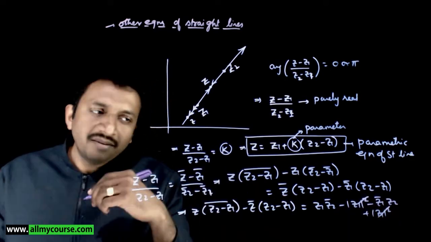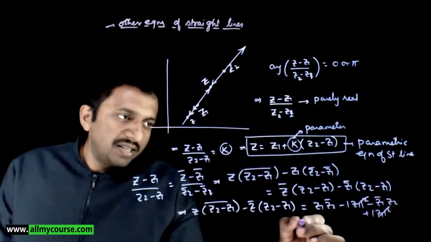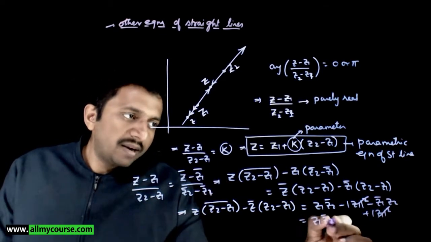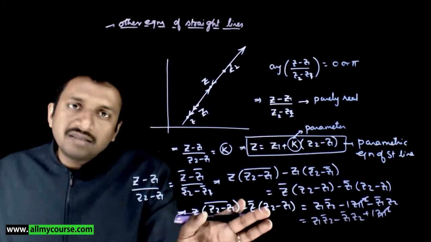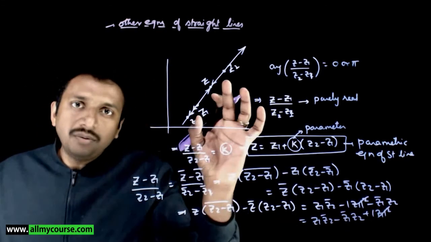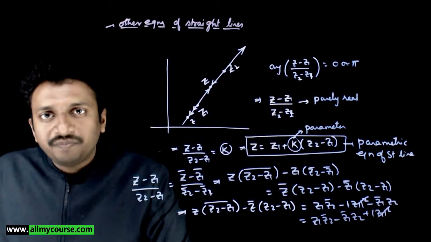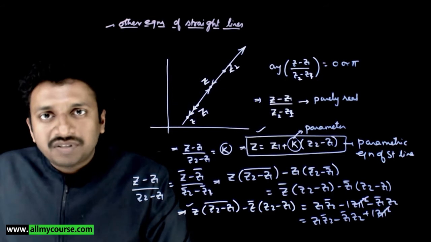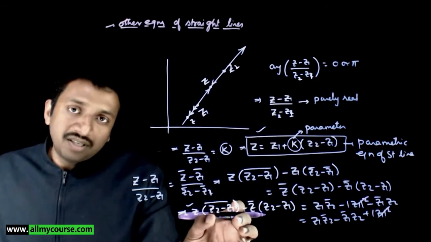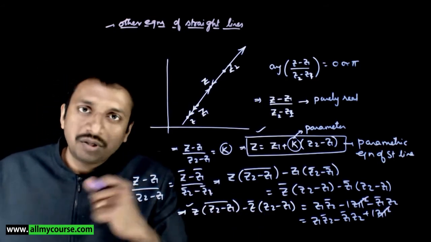These two are getting cancelled. So that is equal to z1 z2 bar minus z1 bar z2. So this is the equation of a line passing through the points z1 and z2. So there are different ways in which you can express the equation of straight line. So this is the 2-point form of the equation of straight line.